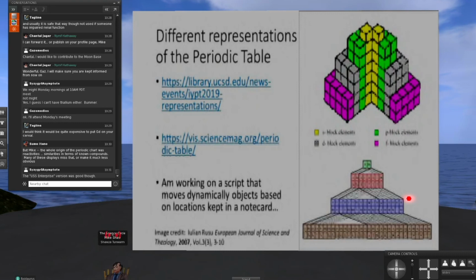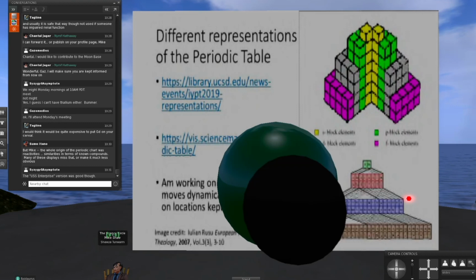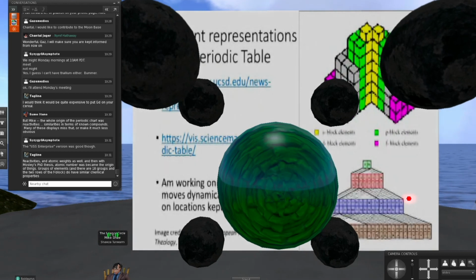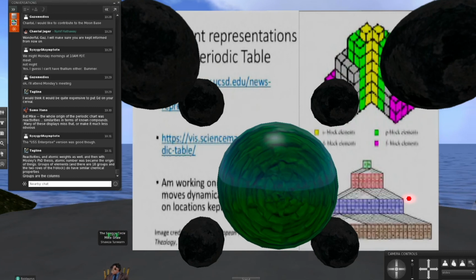But let me click on this and show you my progress. All right, so it manifests some things and it can move them around. Really, I've only got them going through an octahedral structure and a cubic structure. And then, at least to the owner, it says I'm done once it's done.